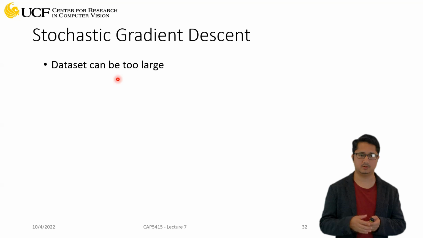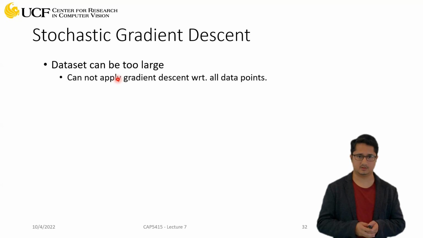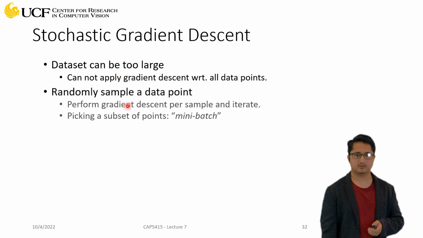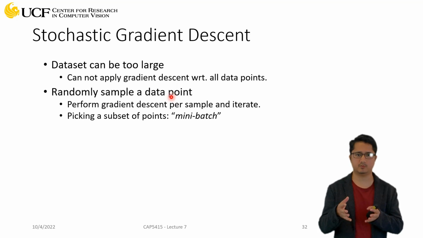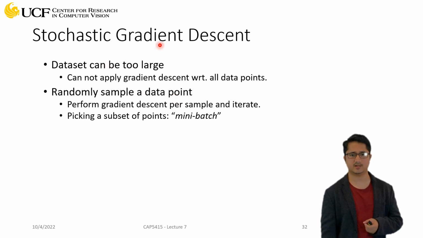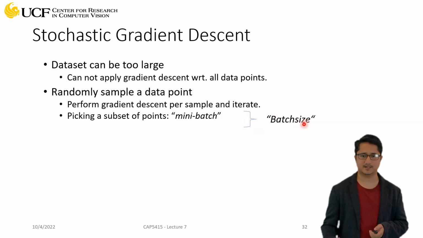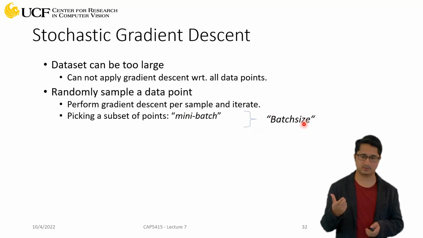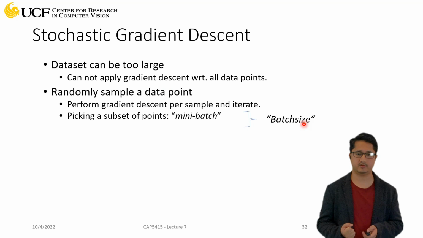And then you perform this training. So we randomly sample a data point. Again, this is stochastic, we just do it for one point, but ideally we don't do it for one point. We take a bunch of points, which is not stochastic anymore; you can say that's mini batch gradient descent. That is also called the batch size, the number of samples you're actually using to train your model.